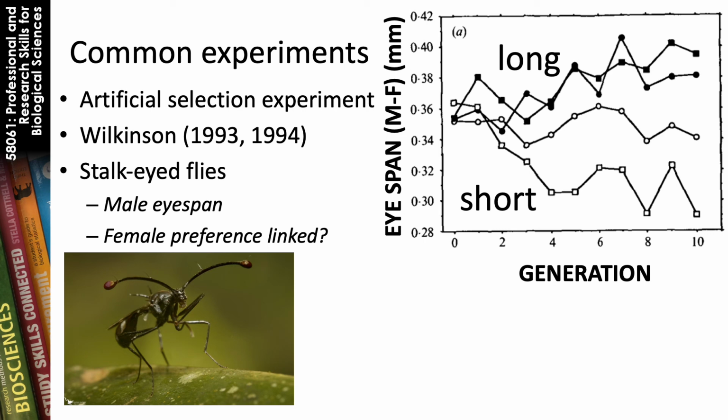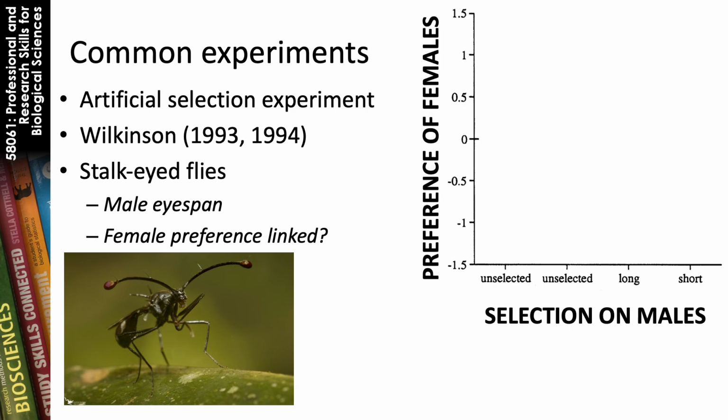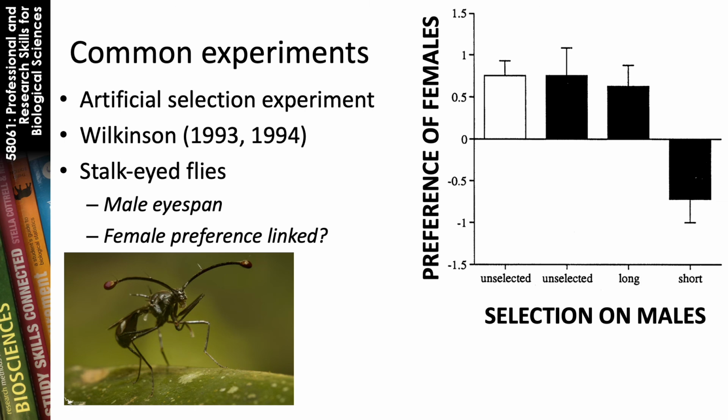But the real question they wanted to ask was, is there a linked female preference? And so after loads and loads of generations, they assessed the preference of the females for longer or shorter eye spans. And what they found was that in 2 unselected lines, females had a preference for longer eye spans, as was originally supposed.